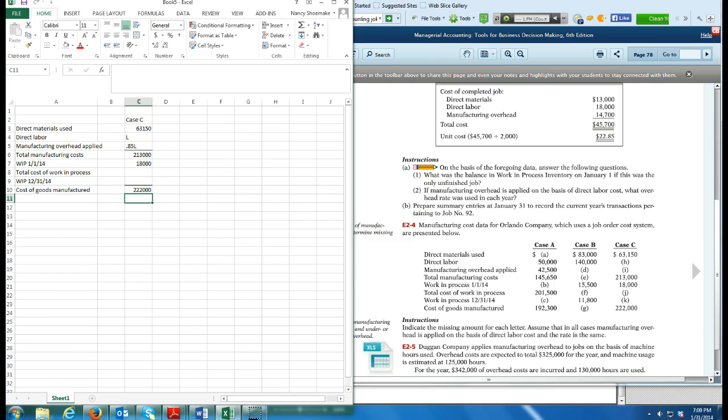We know our direct materials used. So I'm just going to play this out with you here so you can see the formula. Total manufacturing costs should be direct materials, direct labor, and manufacturing overhead.